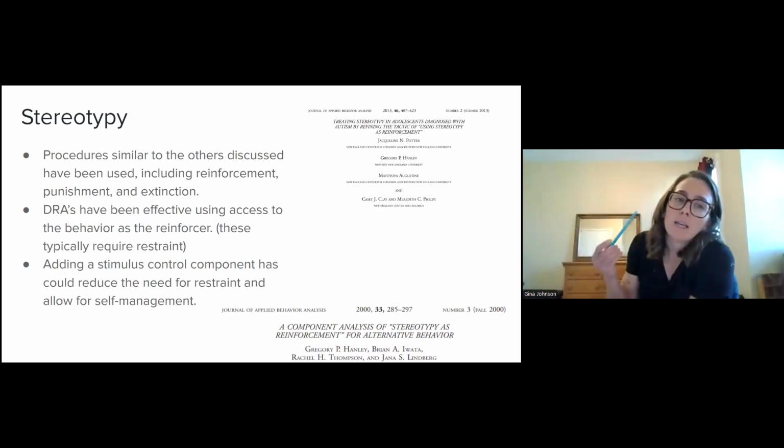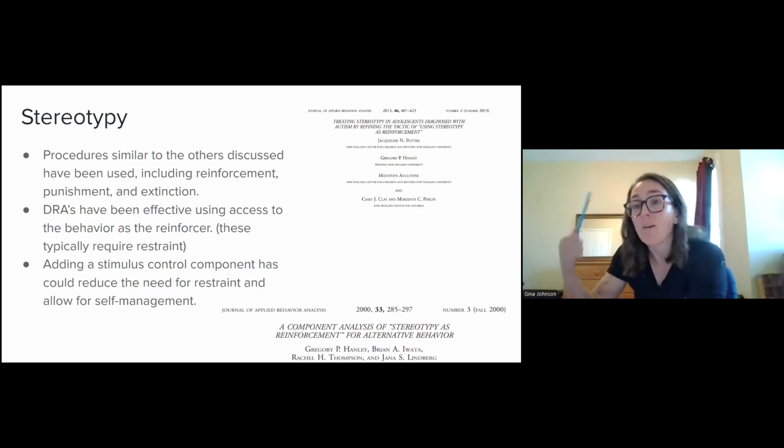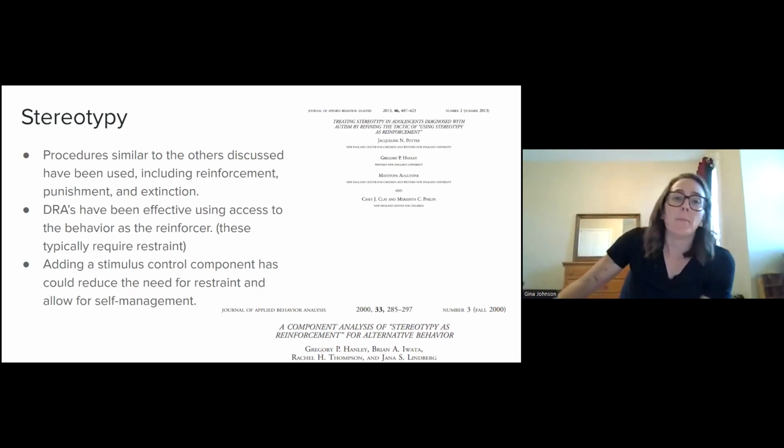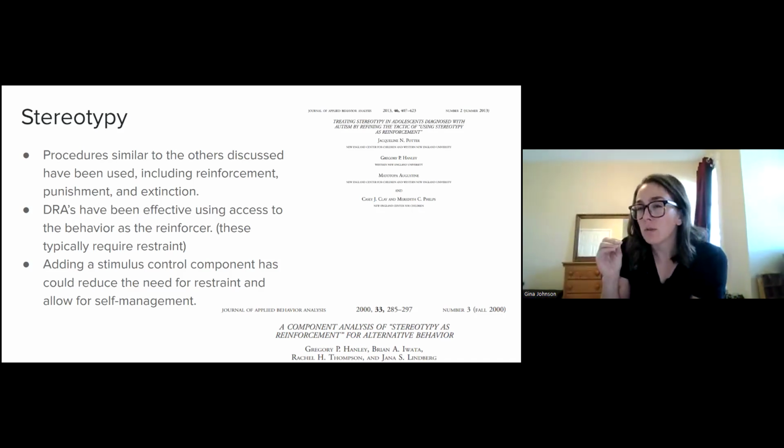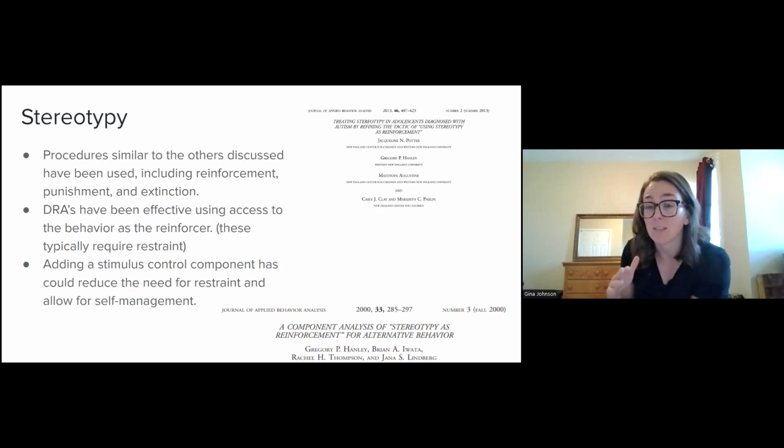We've been seeing DRAs being implemented using access to the behavior itself as the reinforcer. Some of the earlier ones, these Hanley studies I have in here, involve restraint, so they require restraint to make sure that the participant doesn't have access to that behavior.